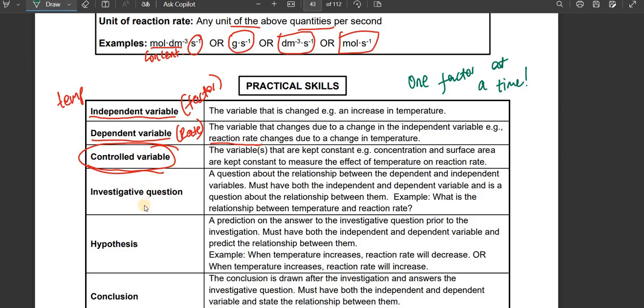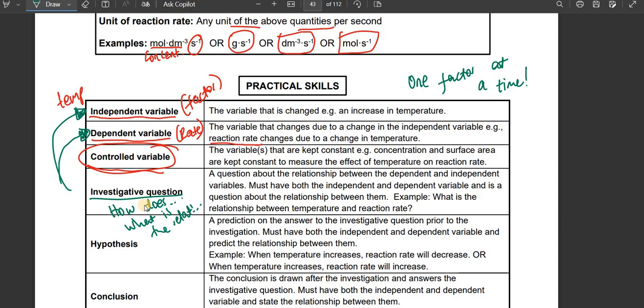And then what is an investigative question? Yo guys, I was marking your papers that you sent. Your questions, guys. Remember, your question can start with how does, or what is the relationship between this and that? But your investigative question should always include the independent variable and the dependent variable. Which means, how do I phrase it?